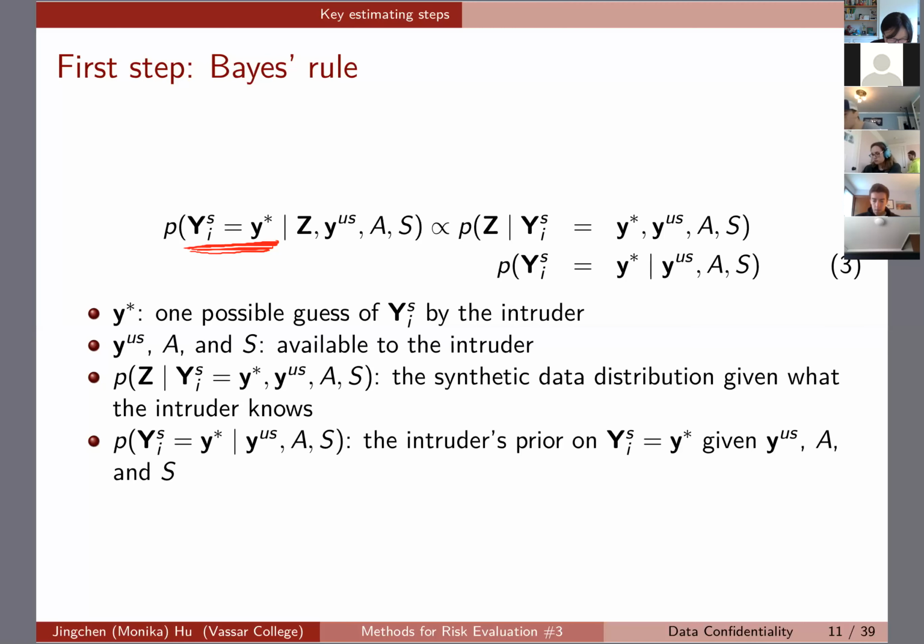So using Bayes' rule, the goal is this quantity given the synthetic data and any assumption that we made about the intruder's knowledge, right?